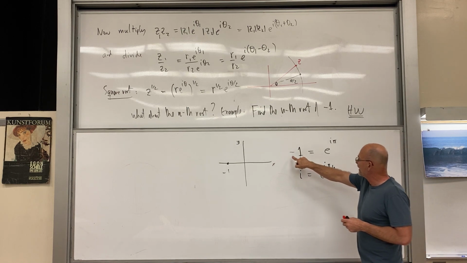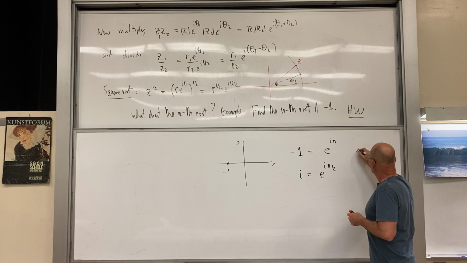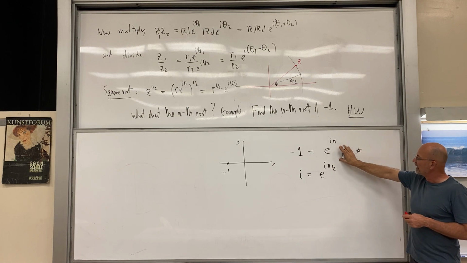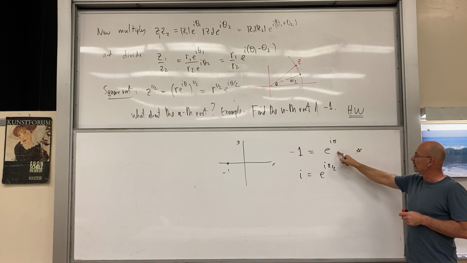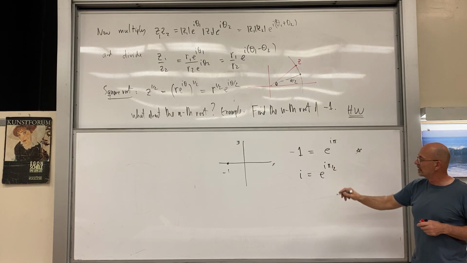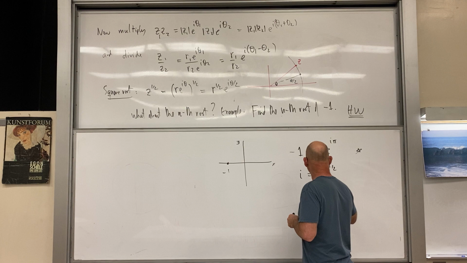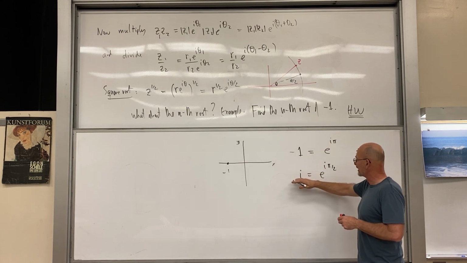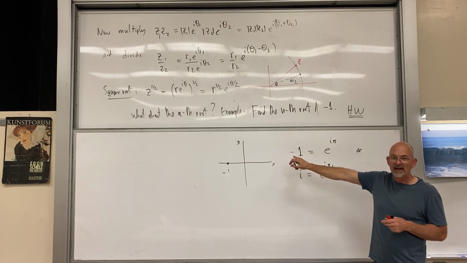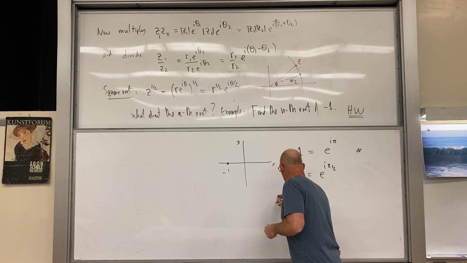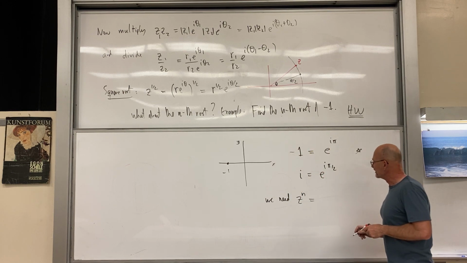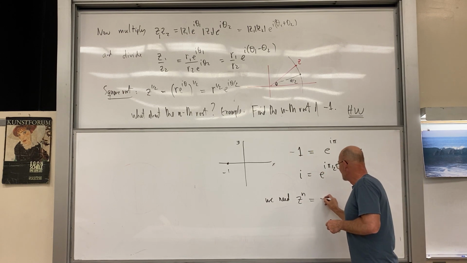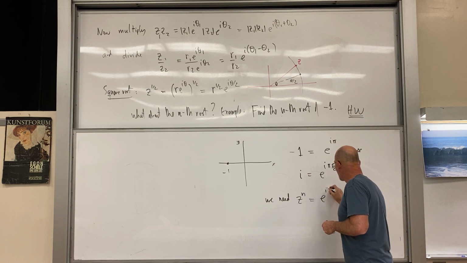So we want the nth root of that. For this expression, we want a number which, when we take it to the nth power, this was, by the way, an example right here. So we need z to the n is equal to e to the i pi.